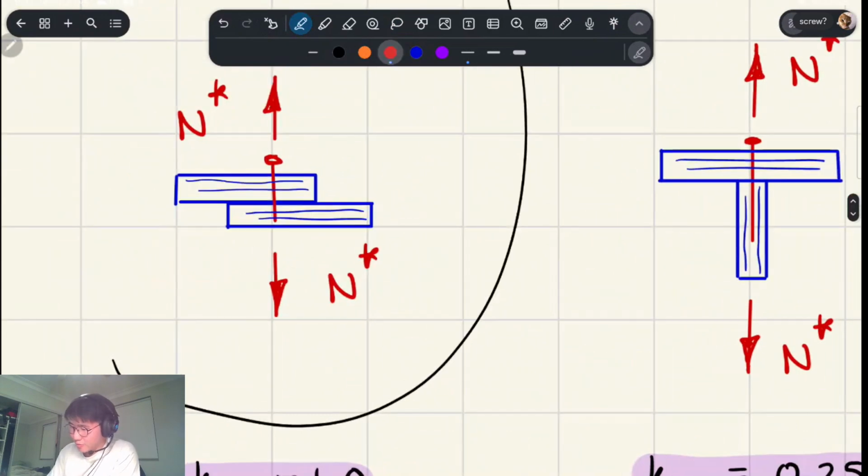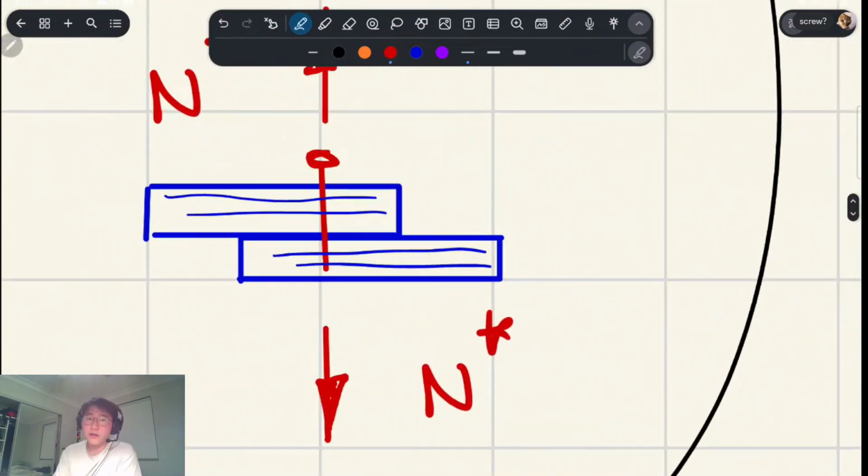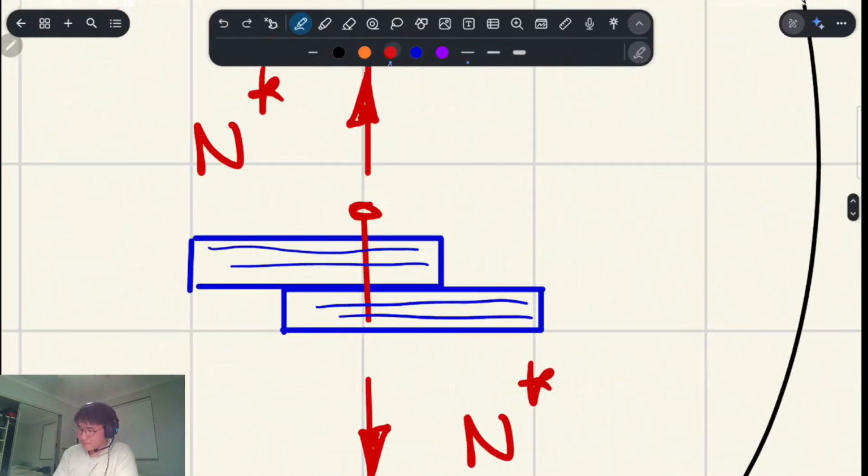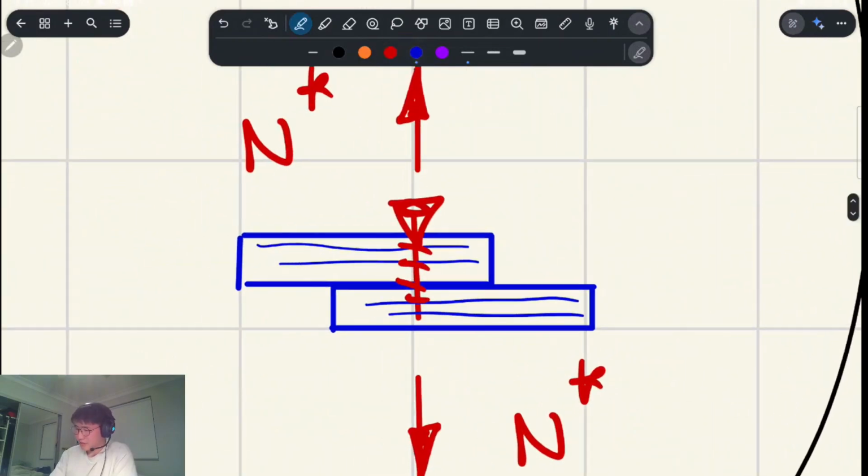Like I was mentioning earlier, a nail gets pulled out, and all it's relying on is the shaft friction, and that's pretty much it. If you have a screw instead, you are engaging all of this timber in a kind of cone pull-out failure surrounding each of the threads.